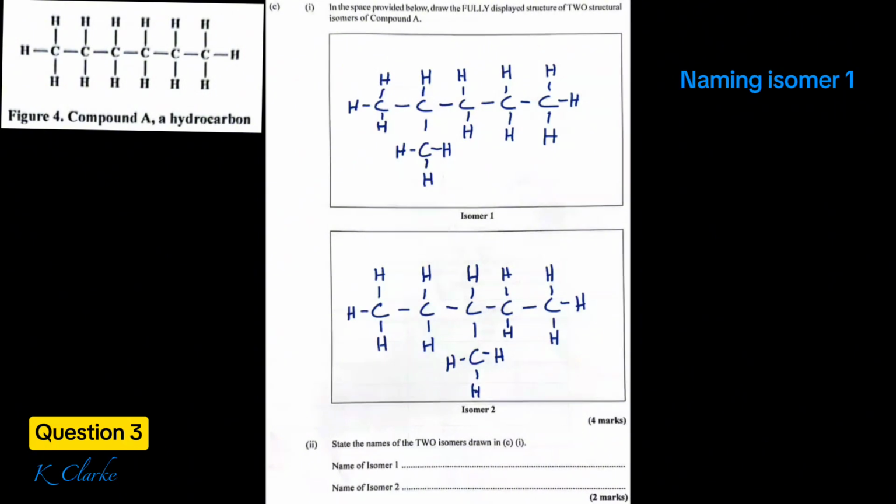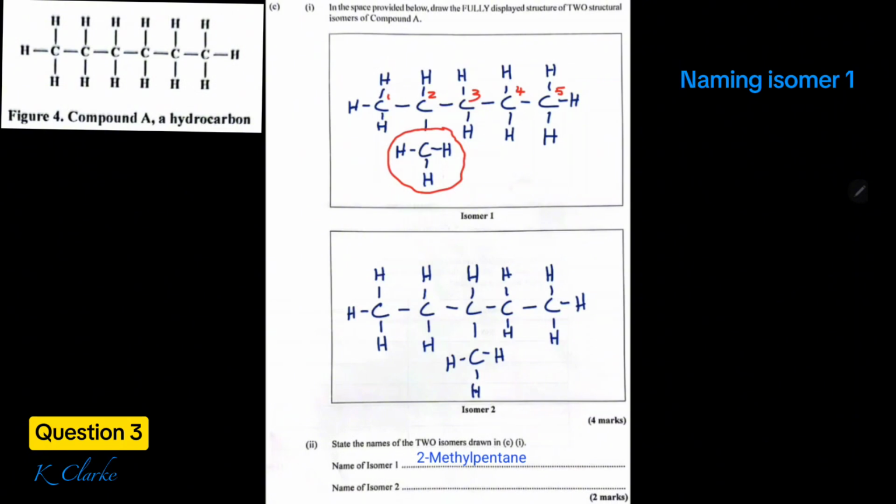Naming isomer 1. First, number the carbons in the chain, starting from the end where the branched group has the lowest numbered carbon atom. So there we have 5 carbons, and you can see the branch group, which I will circle in red, at carbon number 2. The answer will be 2-methylpentane, one word.